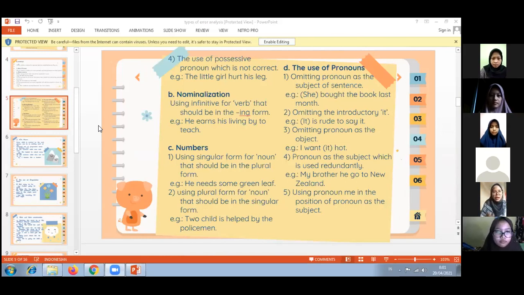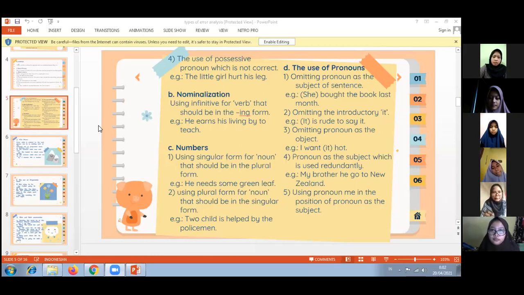C. Numbers. First, using singular form for a noun that should be in the plural form. Example: he needs some green leaf. Second, using plural form for a noun that should be in the singular form. For example, two child is helped by policeman.